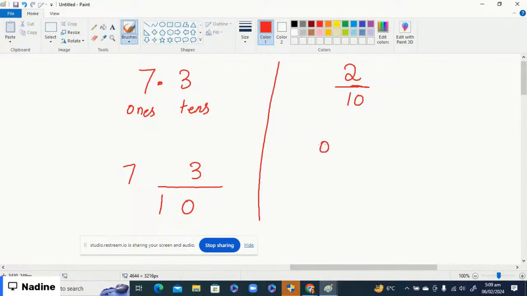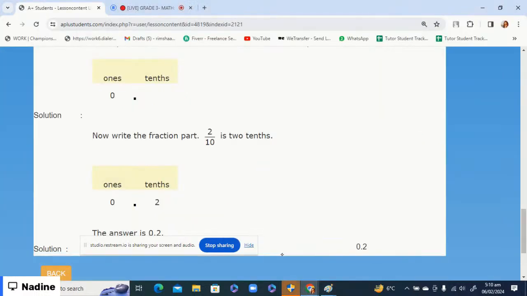As we know, this is the ones, and then it's tenths. Now look, in the ones place it should be 0.